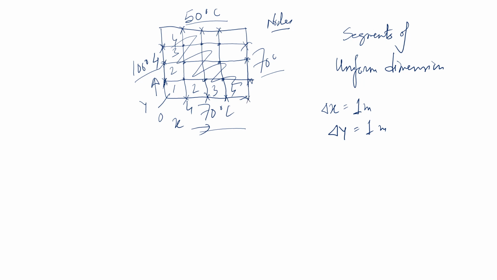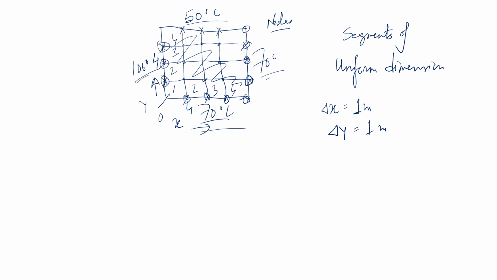That means all the points, this one, this one, this one are at 70 degrees centigrade. This one, this one, this one, this one is at 70 degrees centigrade.